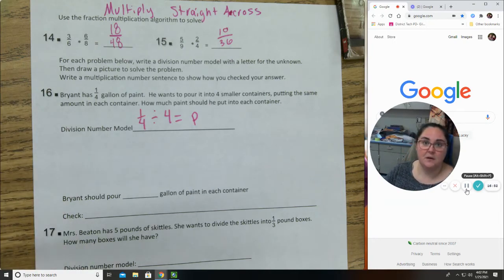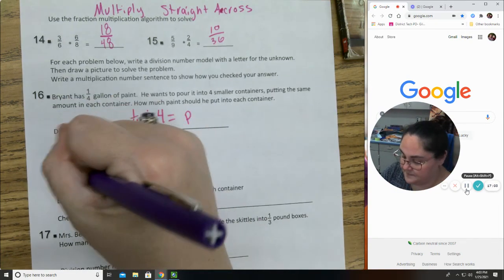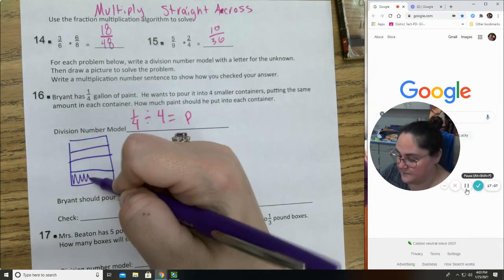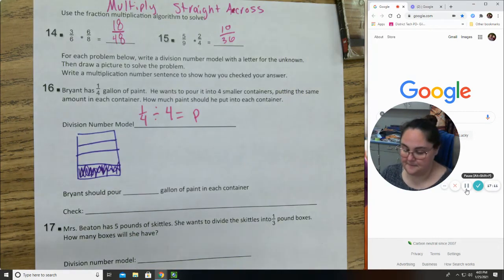Please do so. So I'm a picture person, so I'm gonna do it the picture way, and then I'm also gonna do it my keep, change, flip way. So I'm gonna start by drawing my paint can. And he has 1/4 of a gallon of paint. That's how much paint he has. And he wants to separate that into 4 separate containers, right?